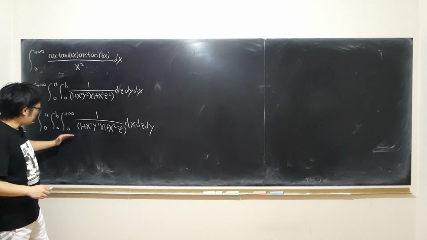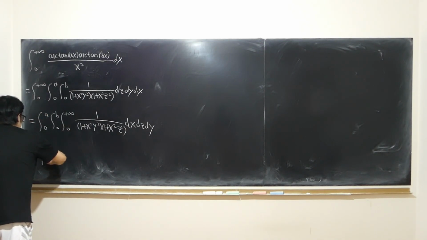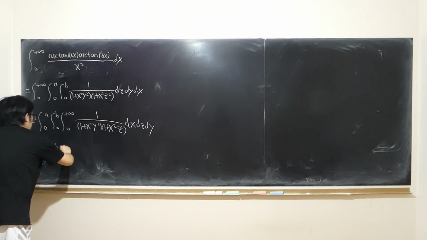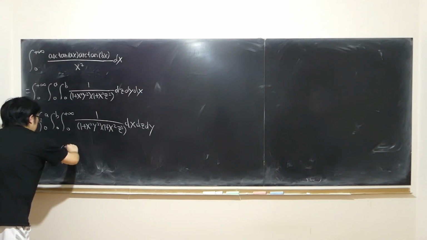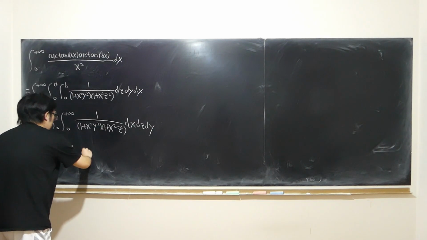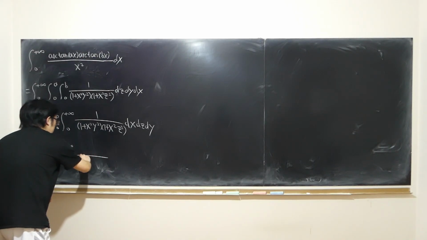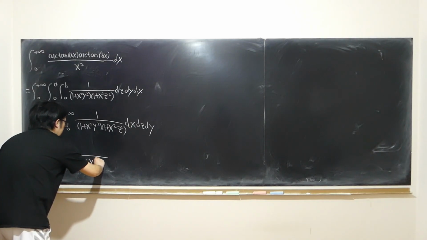The reason I did this is because this time I can use this rational function decomposition, right? Split it into two rational fractions. Here's the denominator, 1 plus x squared y squared.